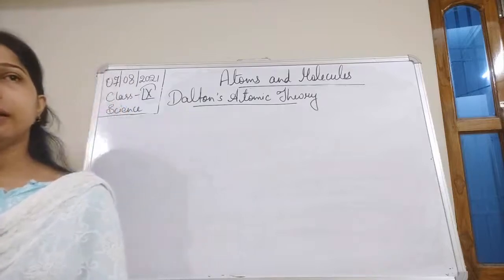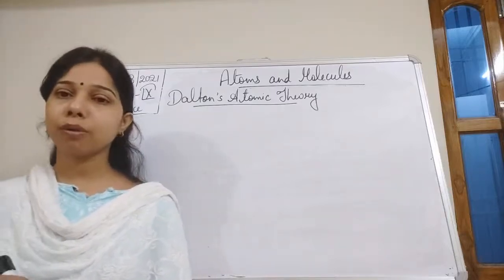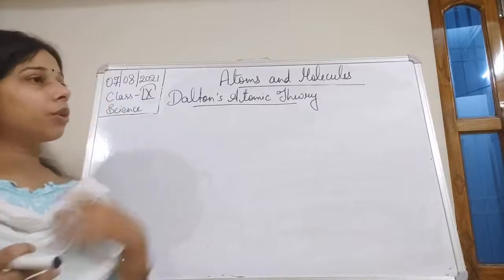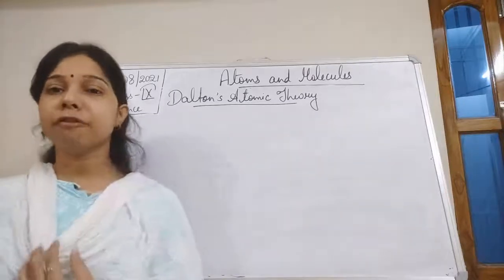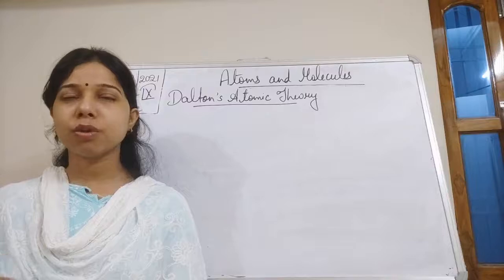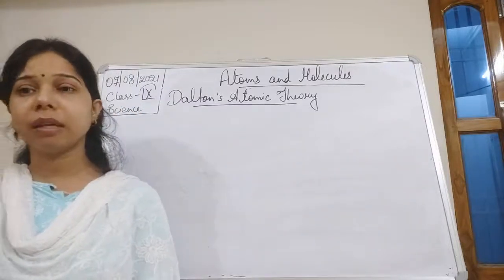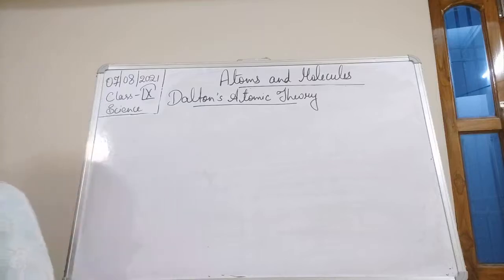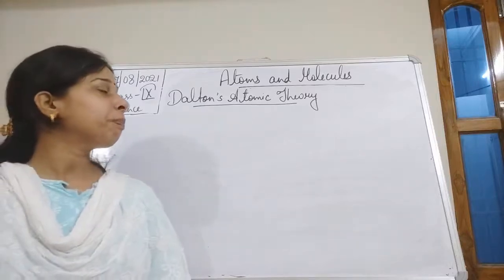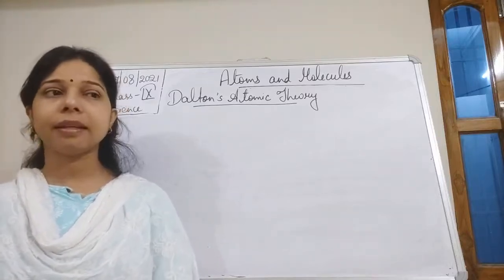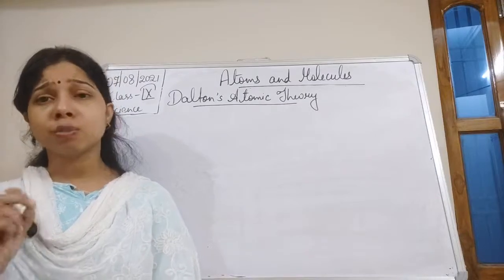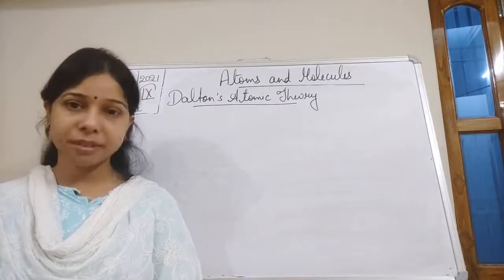Later on, students, in the atomic theory, it was Dalton who first explained the atom on a scientific basis, and he said that the atom is the smallest unit which cannot be divided further.